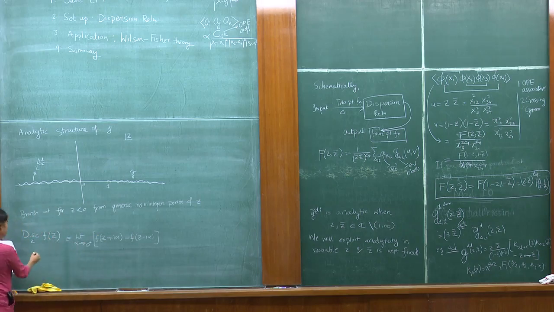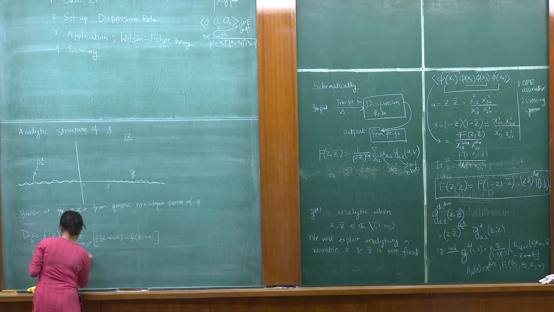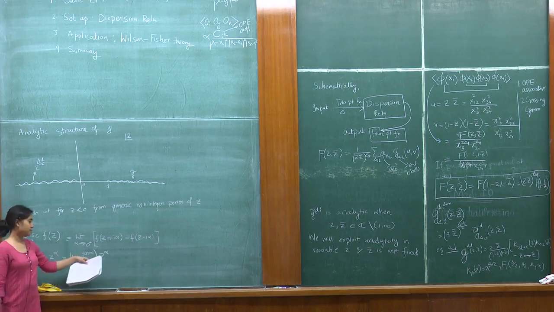The nice thing with this is that if we have some power law which is non-integer for any alpha, then the discontinuity is simple. It introduces a phase factor only.